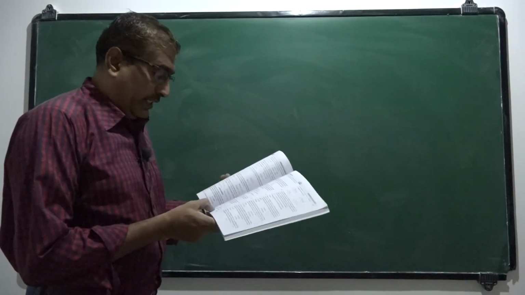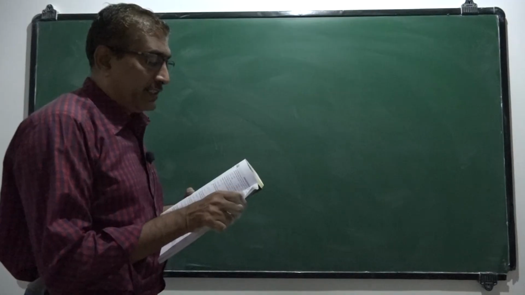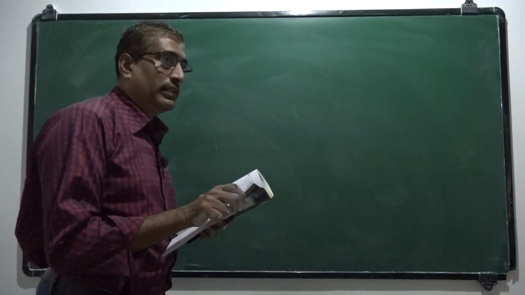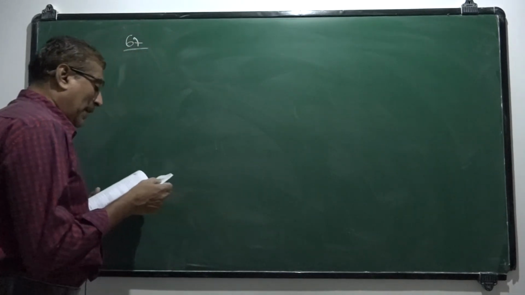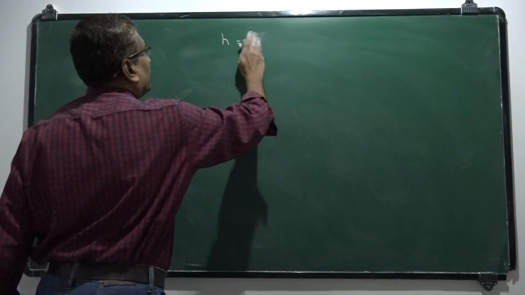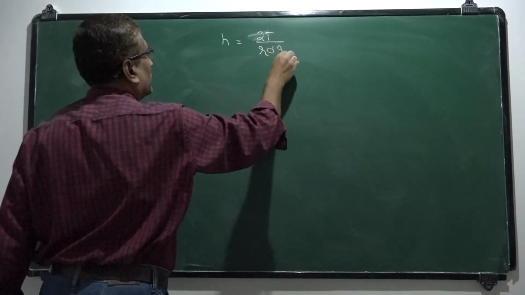If the lift moves upward with a uniform acceleration, it rises to a height h2. Then the acceleration of the lift is, okay, so h is equal to, you have the formula 2T by r d g, you have this relation.